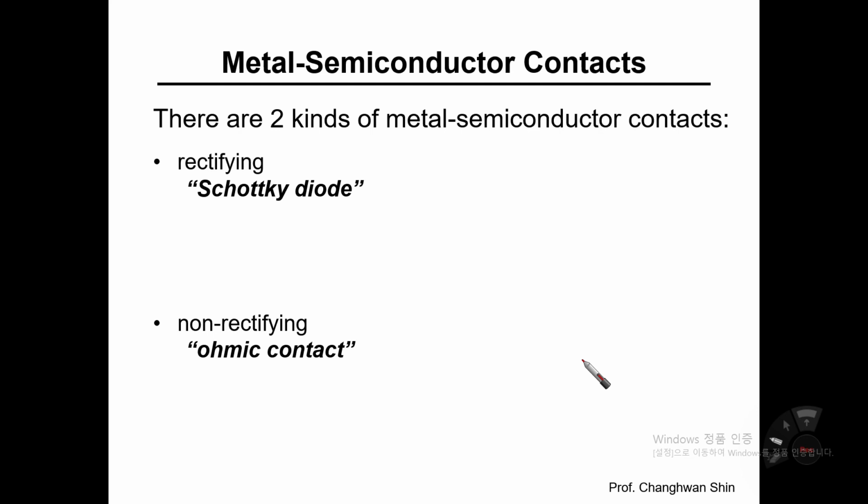And after this slide, we are going to start to learn more details on electronic components such as the MS diode, the metal semiconductor diode, and the PN junction diode.